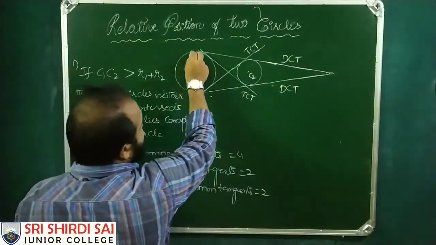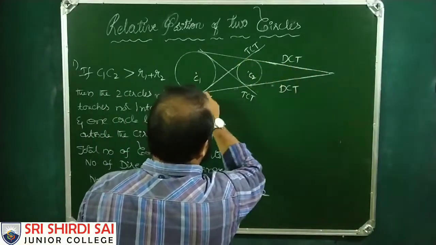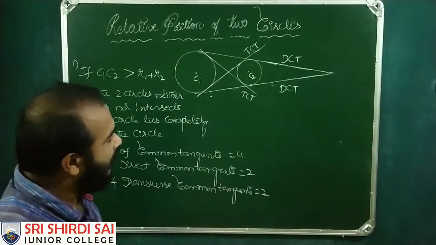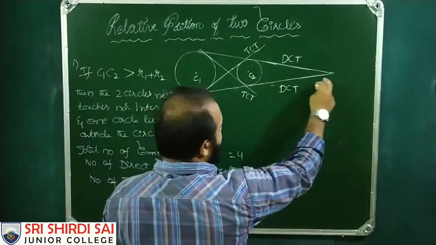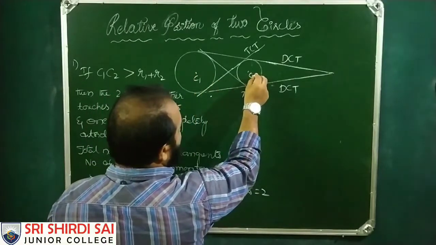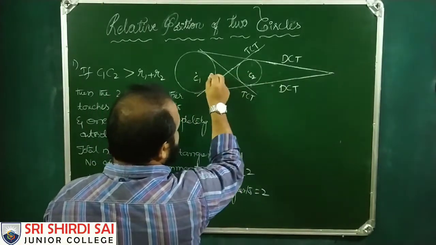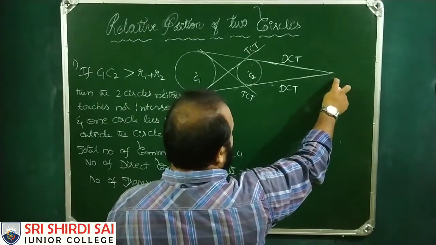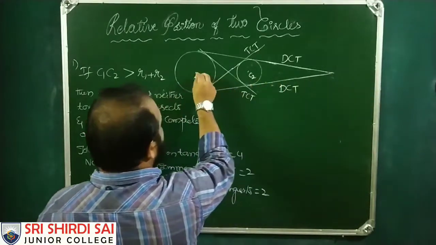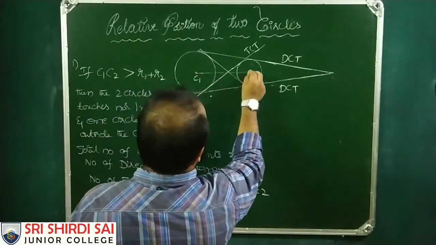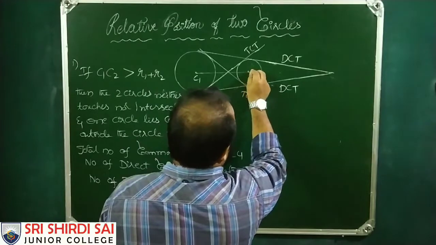Because these two common tangents touch these two circles, and the point of intersection lies outside the line joining the centers of the two circles, that is C1 C2.